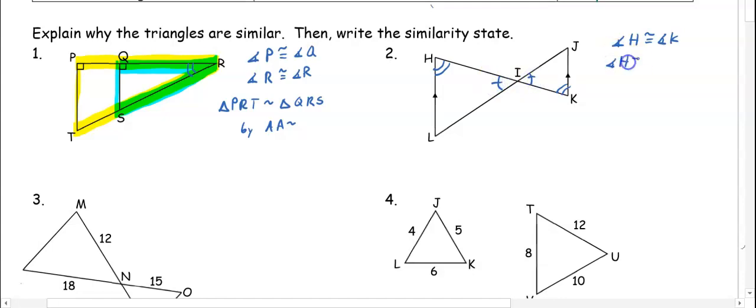So angle HIL is congruent to angle KIJ. And because we have two sets of angles congruent, those triangles are now similar. So triangle HIL is similar to triangle KIJ by angle-angle similarity.